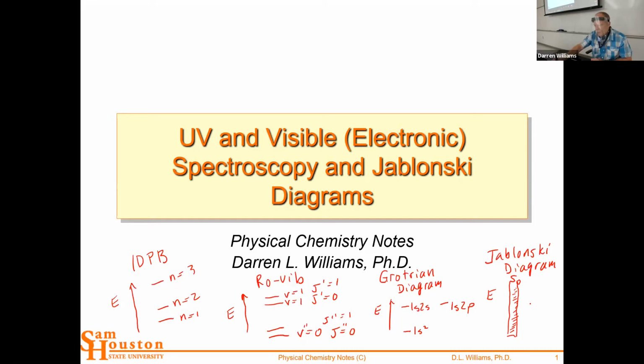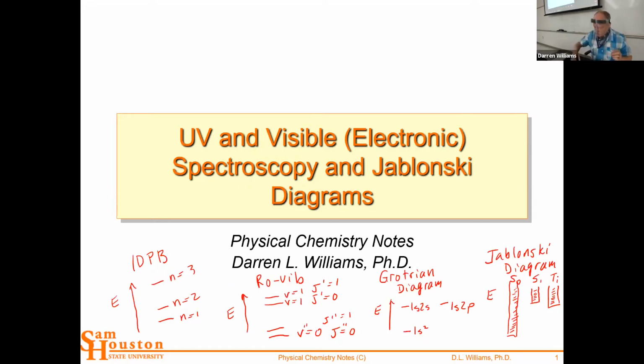Then we might have a box with a bunch of lines in it, S1, and then another box with some lines in it. We call that T1.